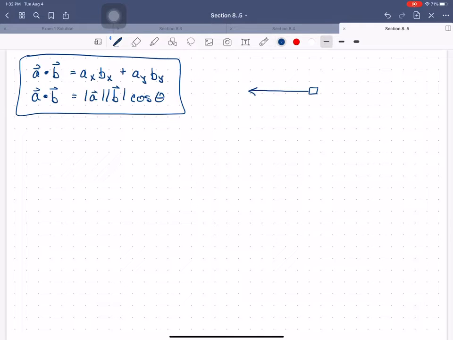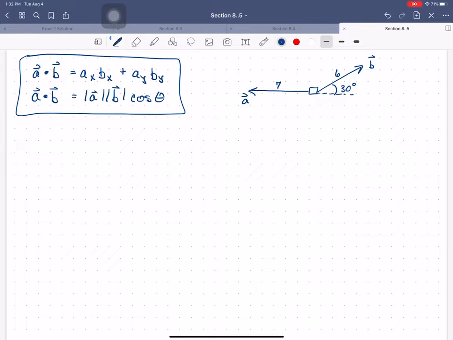One going straight horizontally to the left with a magnitude of 7, and another one operating upwards with a magnitude of 6 at an angle of 30 degrees with the horizontal. And we want to find the dot product. So let's call this guy A, this guy B.